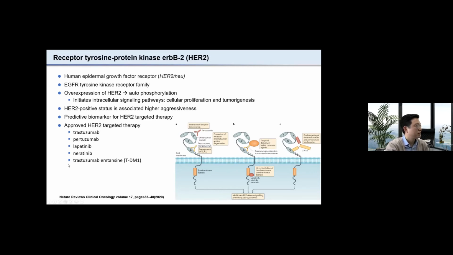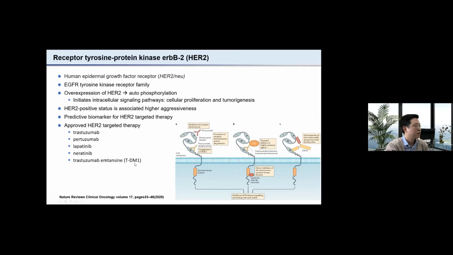And these are the 5 approved HER2 targeted therapies. Two famous antibodies, trastuzumab and pertuzumab. And these two are the inhibitors of the tyrosine kinase domain, lapatinib and neratinib.